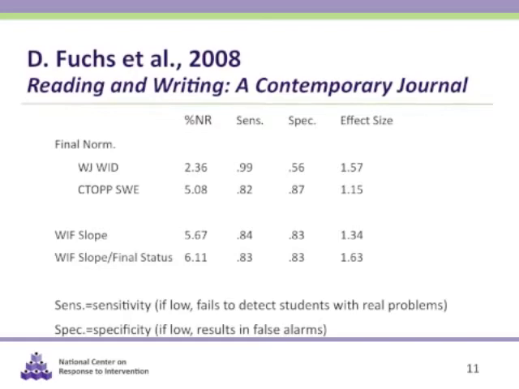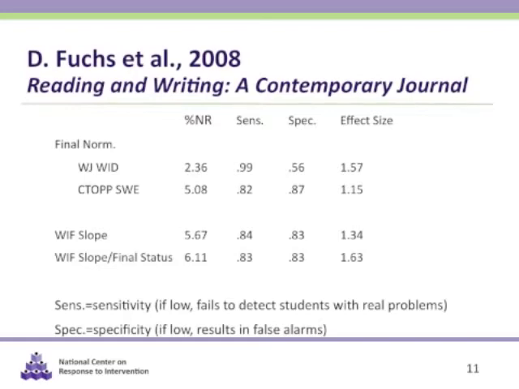Now, if we look at CTOPP sight word efficiency, the Comprehensive Test of Phonological Processing, sight word efficiency, and again, we're using a cut point of above or below the 25th percentile to designate responsive versus unresponsive, we see that using sight word efficiency, we do much better in terms of a realistic prevalence for unresponsiveness, which is about 5%.